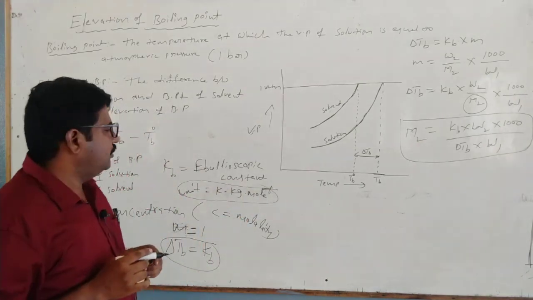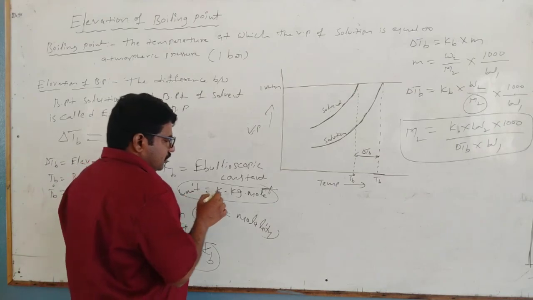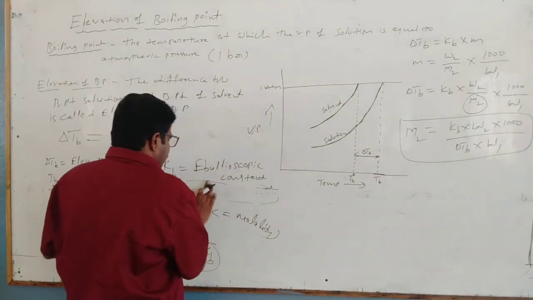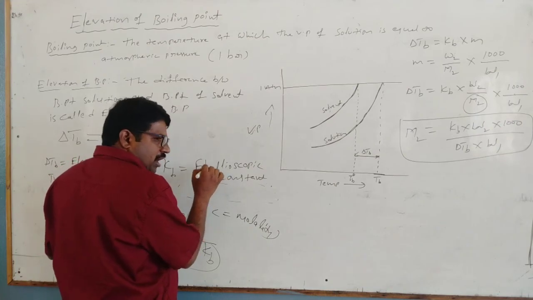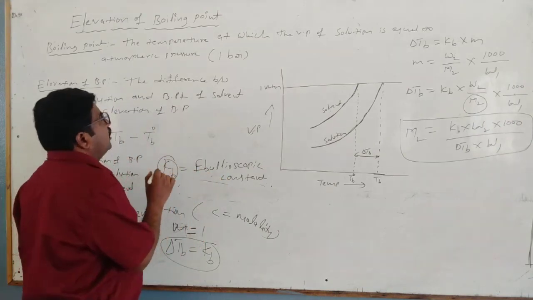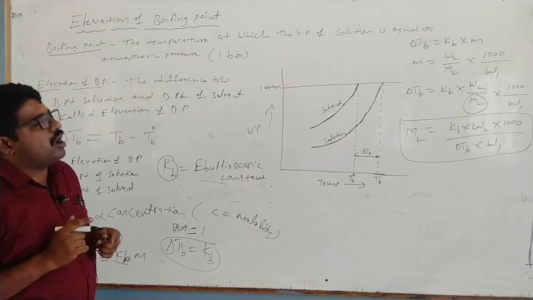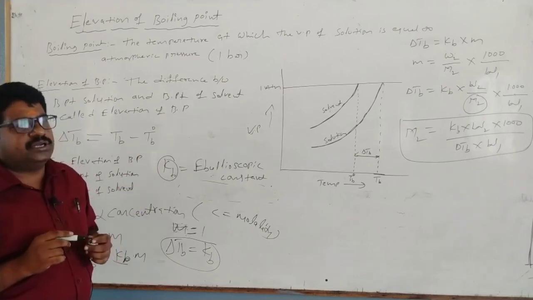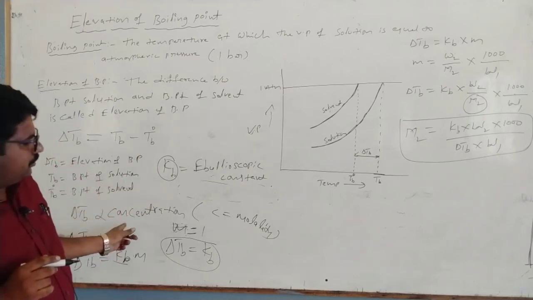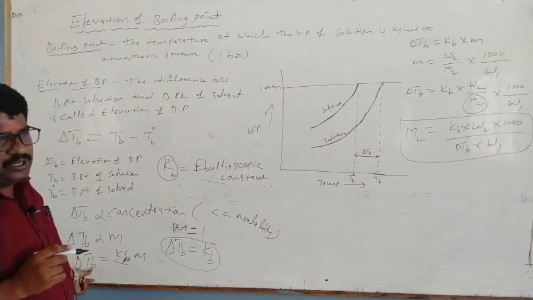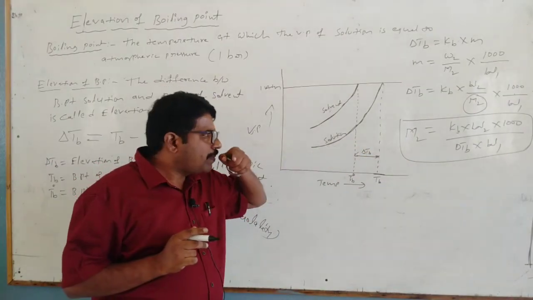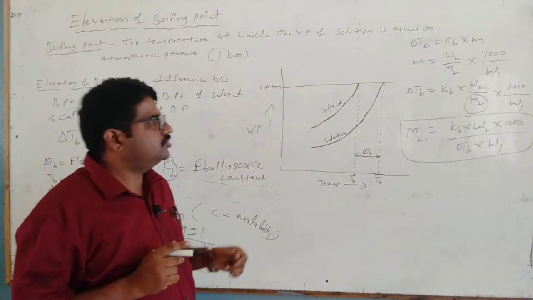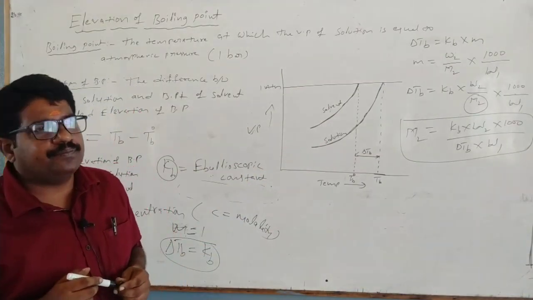The ebullioscopic constant is also called the elevation of boiling point constant. From this, by using delta Tb, you have to calculate the molar mass of the solute. So that is the calculation.